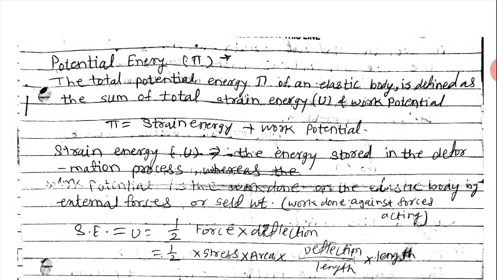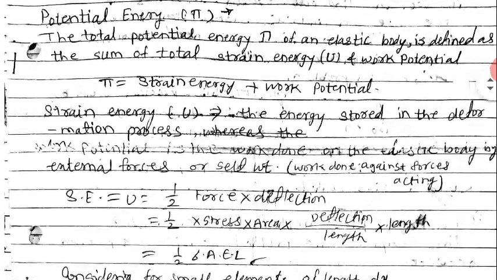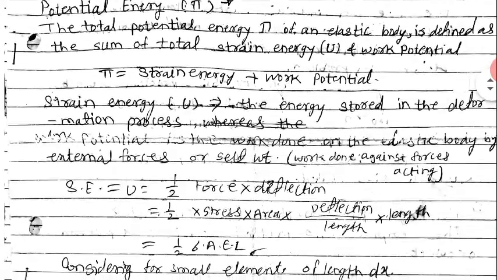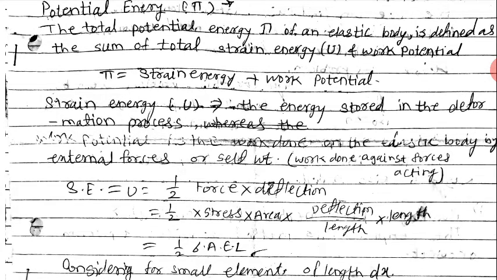So we know that strain energy is the energy which is stored in the deformation process, and work potential is the external force or self weight which is acting against the force.